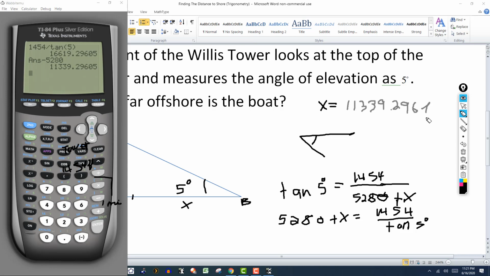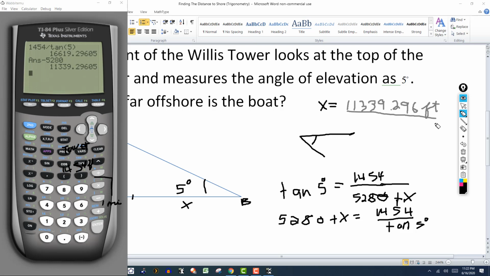And this is the answer in feet. So the distance that the boat is offshore is 11,339.296 feet.